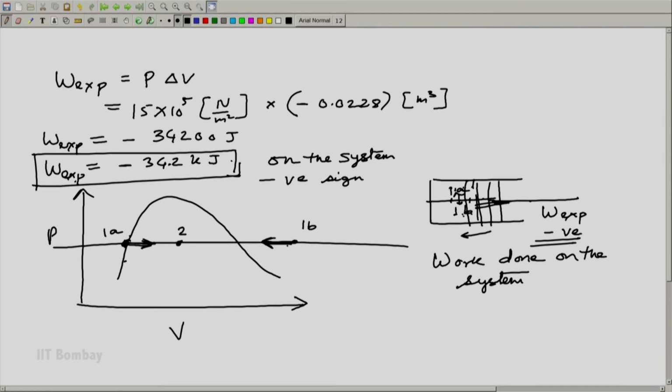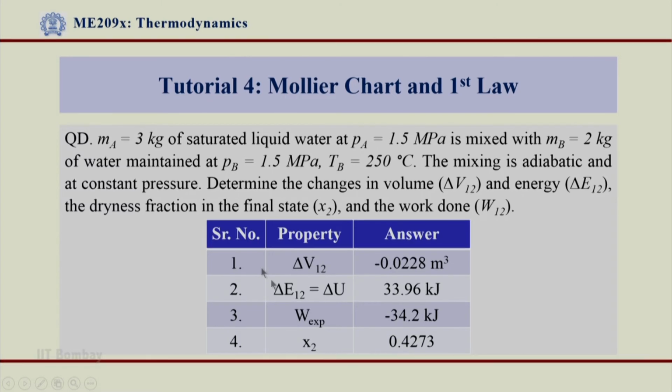Answer to the entire question now is, we got delta V12 as a result of this mixing. We had reduction in volume minus 0.0228 meter cube. We had delta E12 approximated as delta U12, which is 33.96 kilojoule. W expansion work is negative, minus 34.2 kilojoule, and we found that at point 2, which is a wet steam, we got a 0.4273.